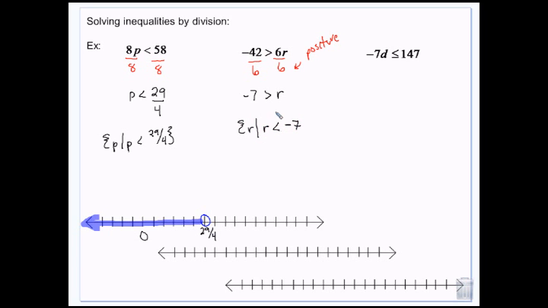Now I didn't flip anything, the arrow still points to the R. So this was P is less than 29 fourths. This is R is greater than negative 7. I'm going to say this is 0, and this is negative 7. Open circle, because I'm just plain greater than.